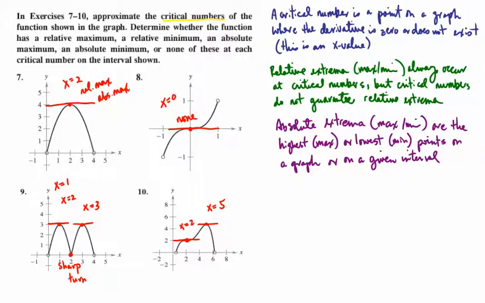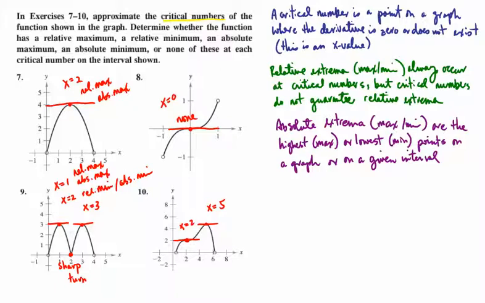At x equals 1, we have a relative max. We also have an absolute max. X equals 2, that is the lowest point on the graph, so we have a relative min. And we also have an absolute minimum because that's the lowest point on the graph. And it's also lower than the points immediately to the left or right of it.